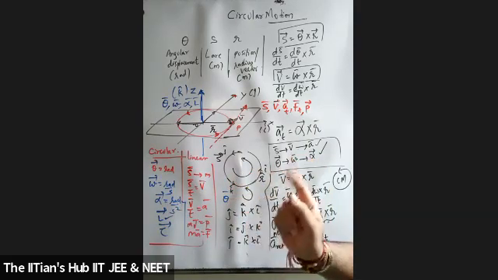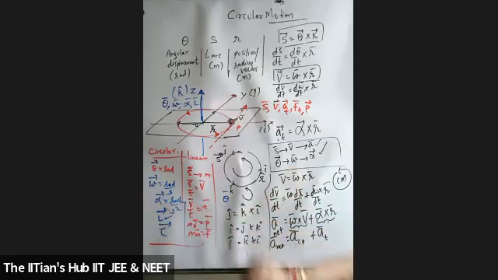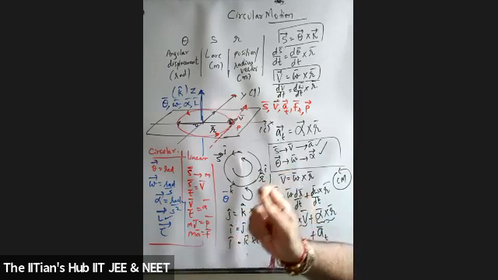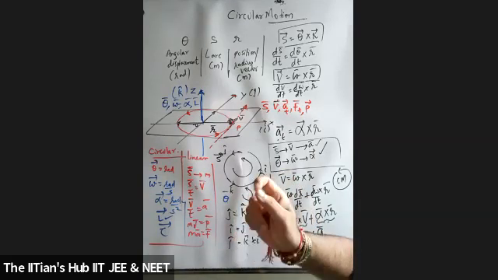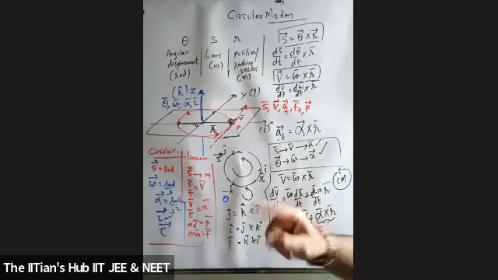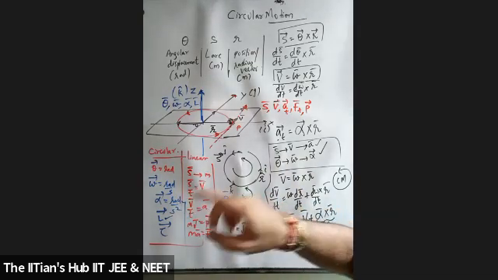It is always directed from the particle along the radius towards the center of the circular path. I'm repeating again, from the particle along the radius towards the center of the circular path.